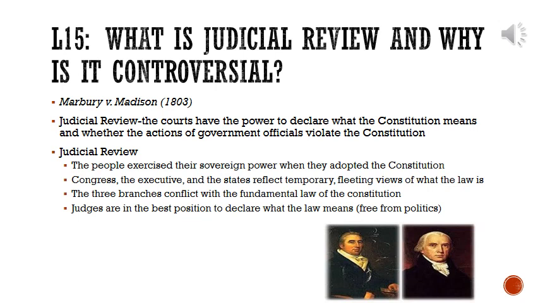So when it comes to the government, the judges, the Supreme Court of the United States, are the only ones that can determine what the Constitution means. And that's why it could be so controversial, because you are allowing 9 judges that have not been elected, even though they're free from politics, to determine what the Constitution means.